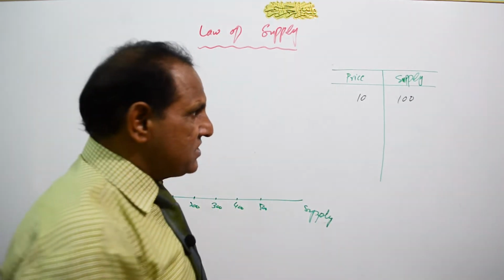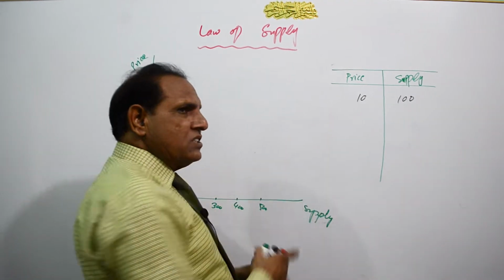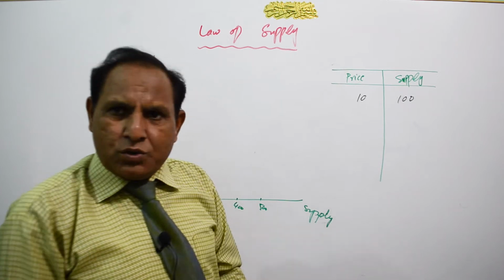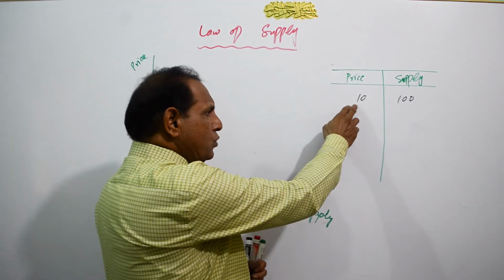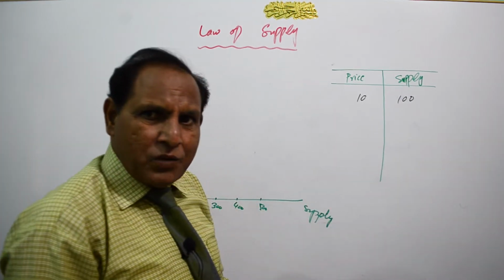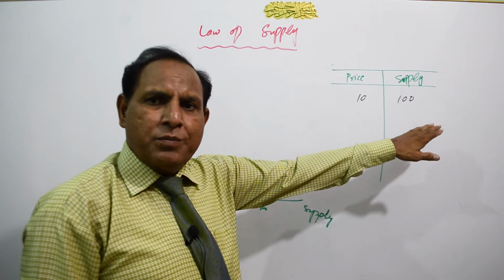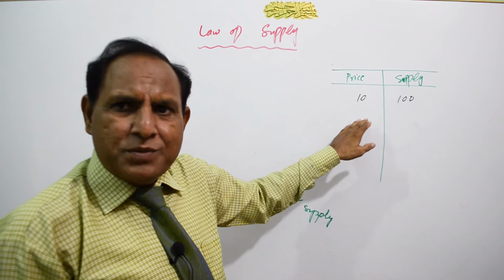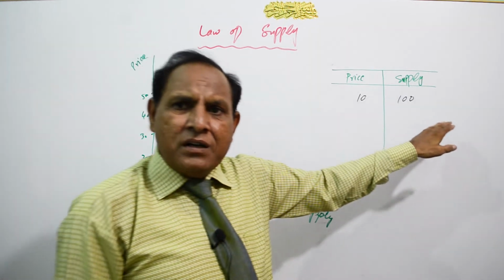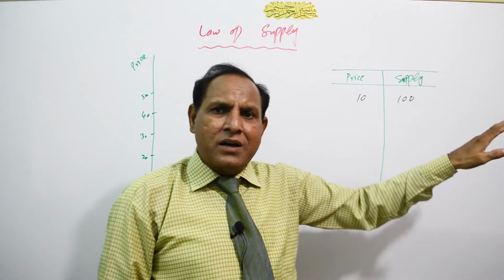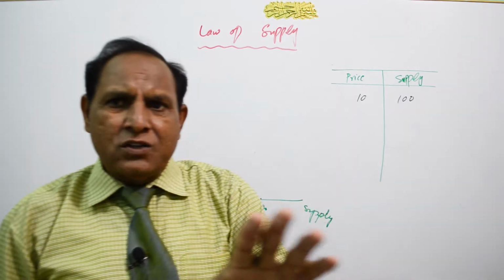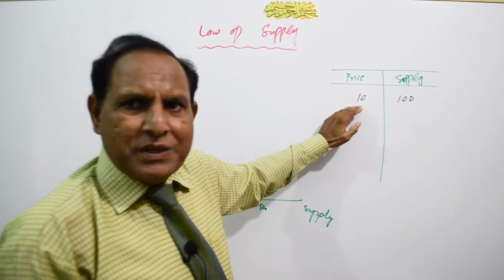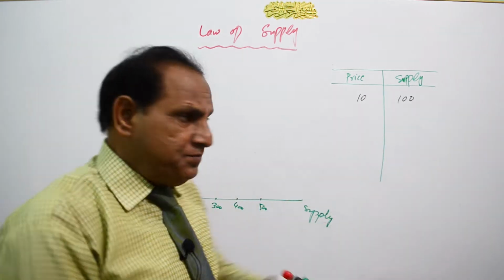Let's start. Suppose this is the chart, this is the table, and this is known as a schedule. We are going to generate it. If the price of a good is 10 rupees, there are 100 people to supply that good. We may say that at the price of rupees 10, 100 goods are going to be supplied. 100 shopkeepers are there to supply this good at this specific price at the specific time.